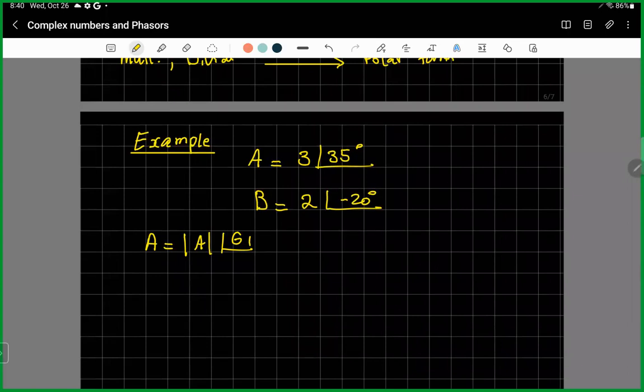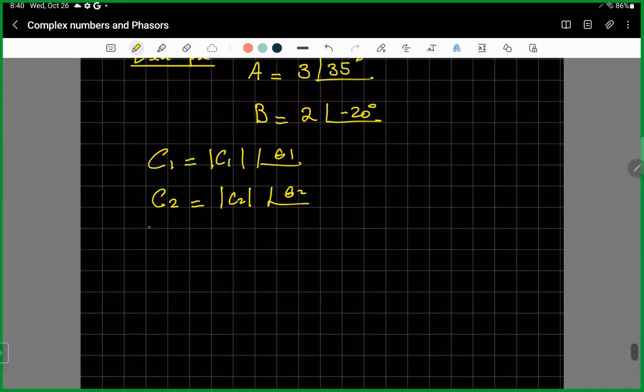Let me write it in a different way. If you have two numbers, a complex number C1 has a magnitude and an angle, and another complex number C2 has a magnitude C2 and angle theta 2.